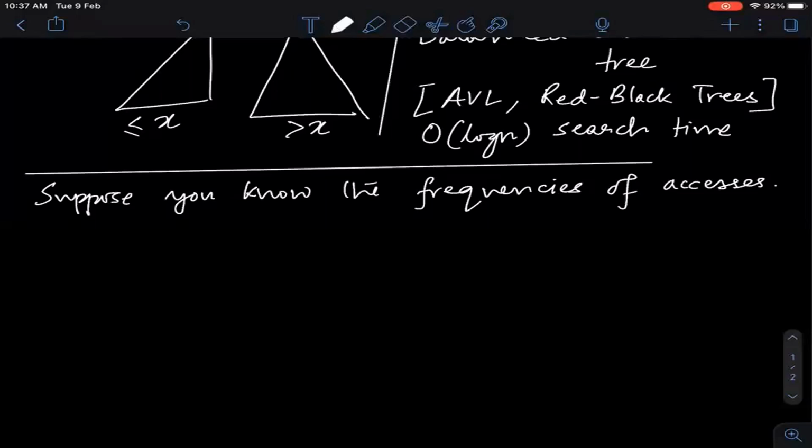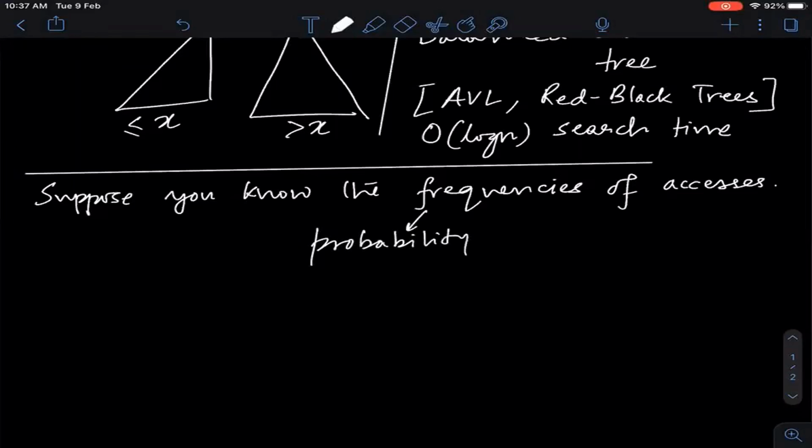Also, when searching through Word documents, this can be a valid assumption: that you know the frequencies of access of each of the words of such a document. So the inherent assumption is that you know this frequency beforehand. For every key between 1 to n, you have an idea of exactly what the frequency of its access is. We are going to take an equivalent viewpoint: instead of frequency, we will say that we know the probability of access.